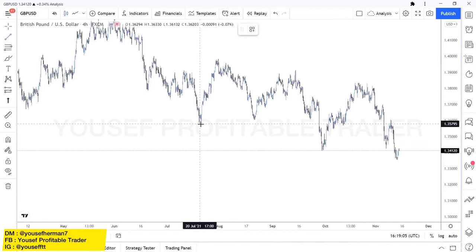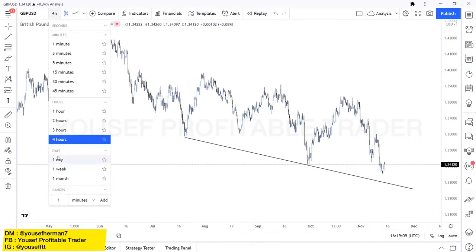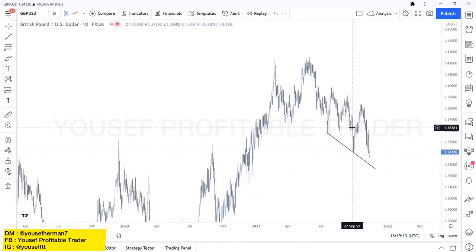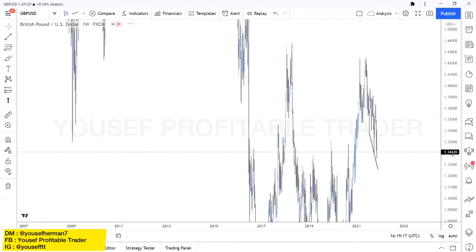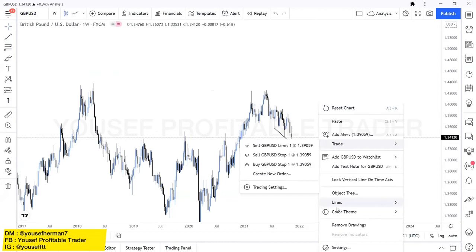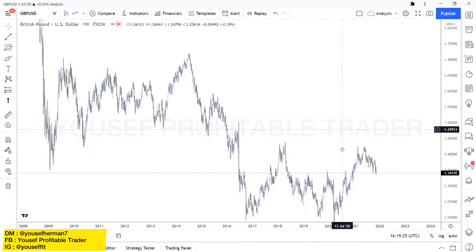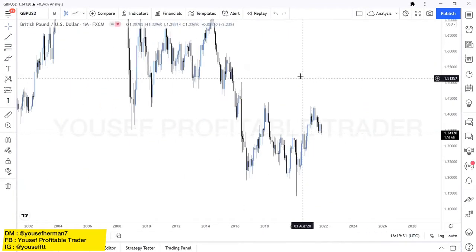Over here we can draw a trend line. Let's look at the higher time frame, weekly.